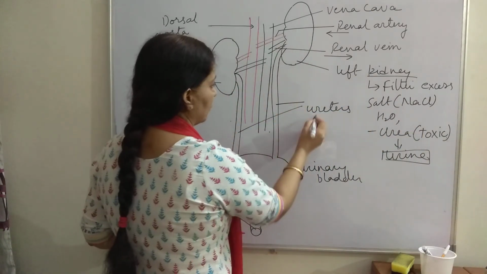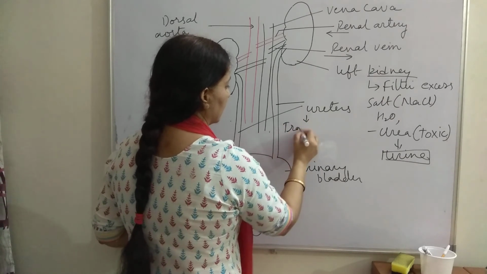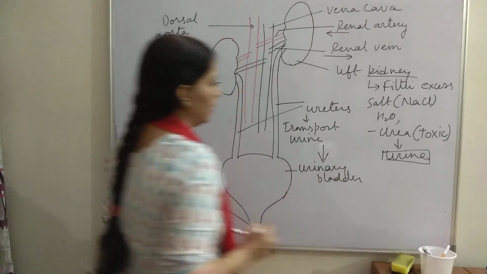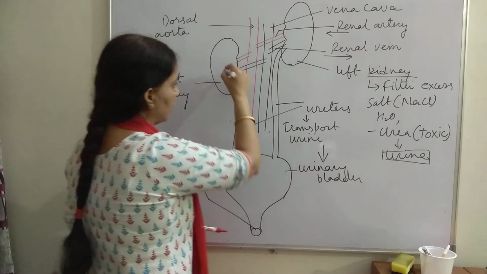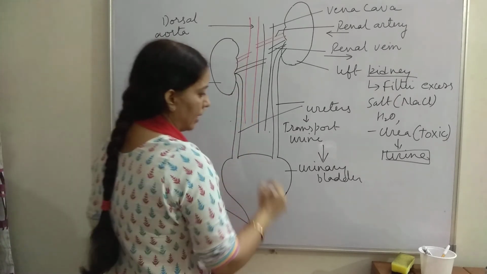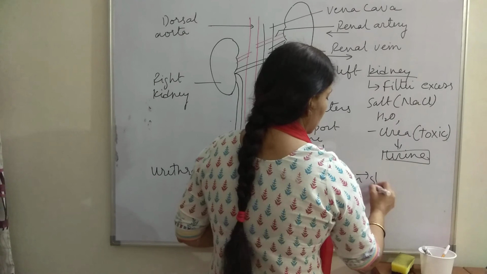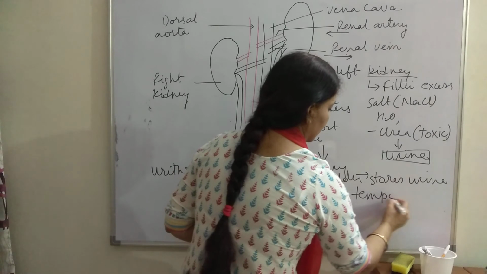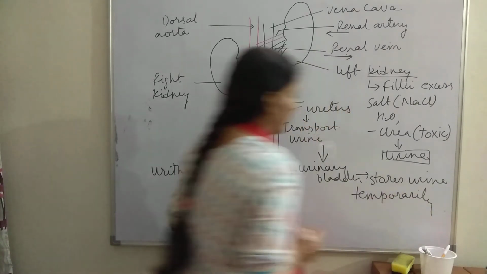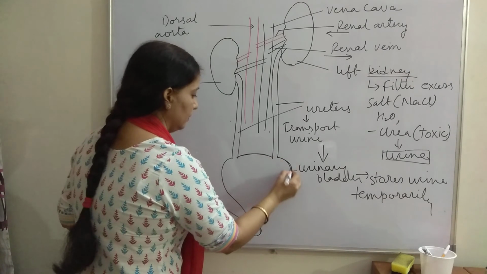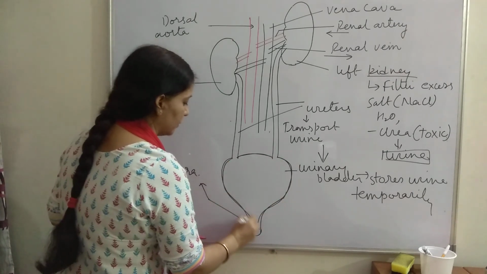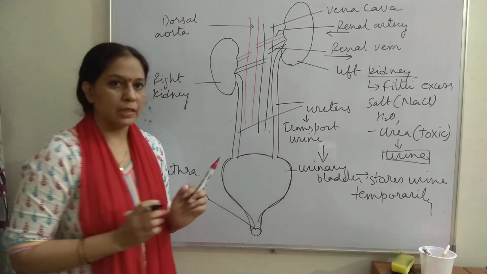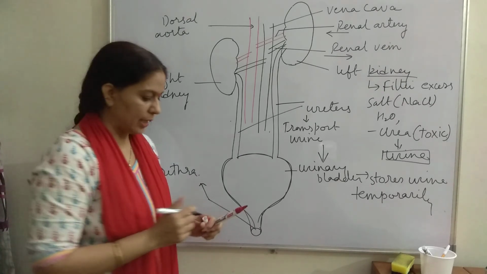Now, what is the function of ureters? Ureters transport urine from kidneys to the urinary bladder. What is the function of the bladder? It stores urine temporarily. The wall of the urinary bladder is made up of smooth muscles. When this bag is full of urine, those muscles stretch and send a signal for micturition.